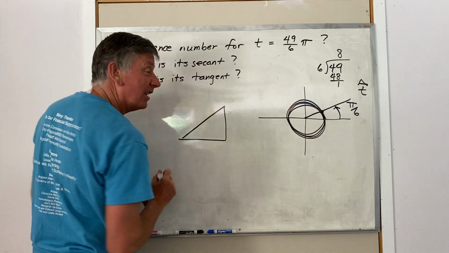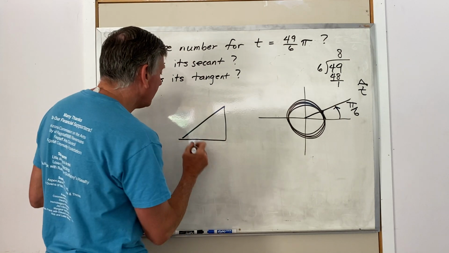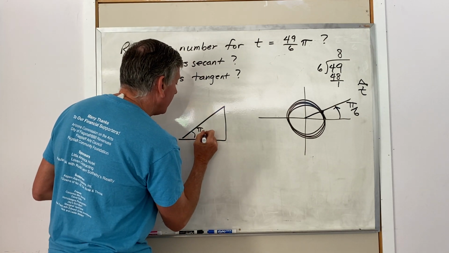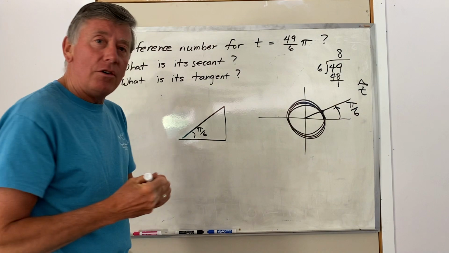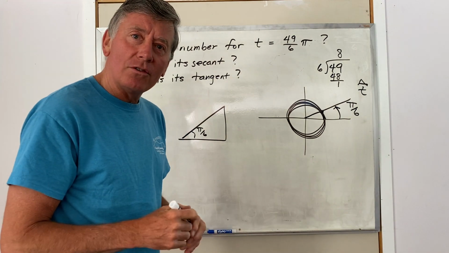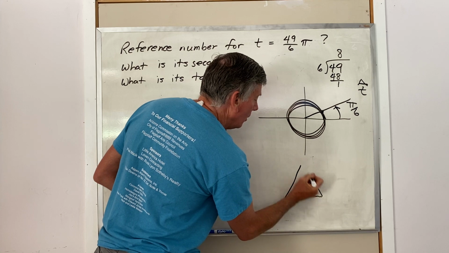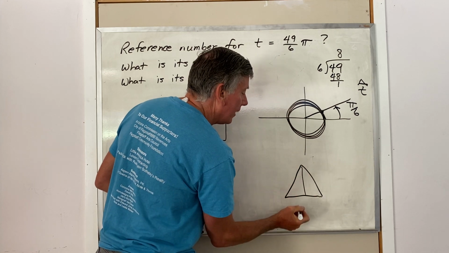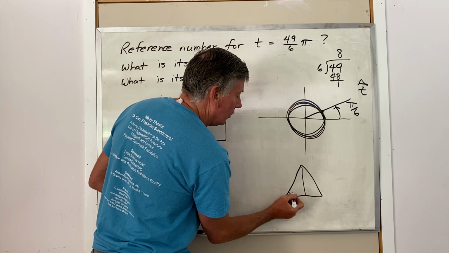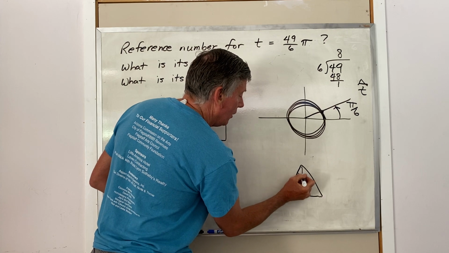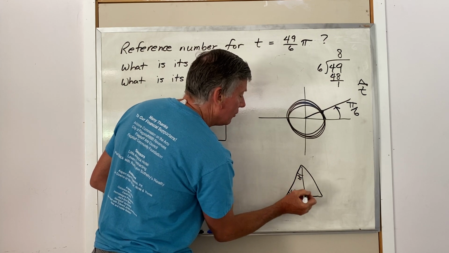I'll draw the triangle, even though I promised I wouldn't do triangles. This is pi/6. Now is the time for you to remember those reference triangles. You had 2 triangles that you had to master. One was the equilateral triangle, and then it's basically a 30, 60, 90 triangle.